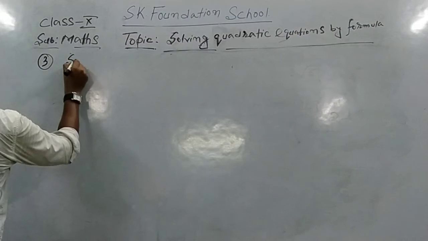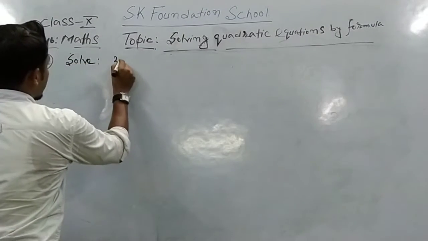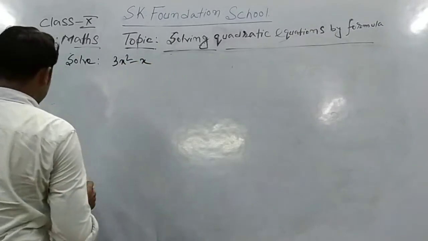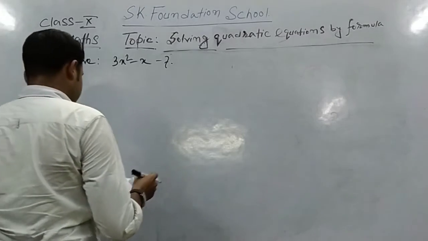Solve 3x square minus x minus 7 equals 0.